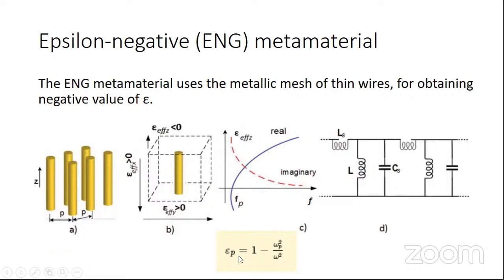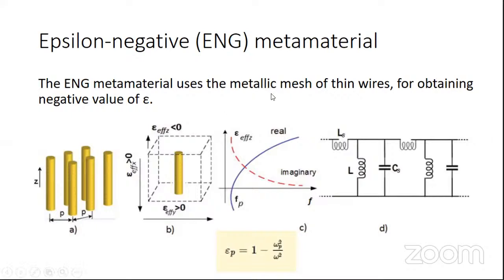The epsilon value of an epsilon-negative metamaterial is given by 1 minus omega p squared by omega squared, where omega p is the plasma frequency and omega is the frequency of propagation of the electromagnetic wave.